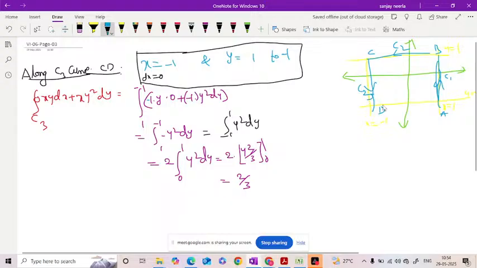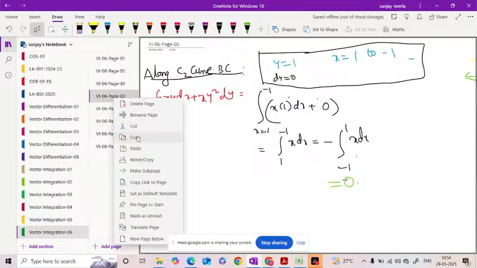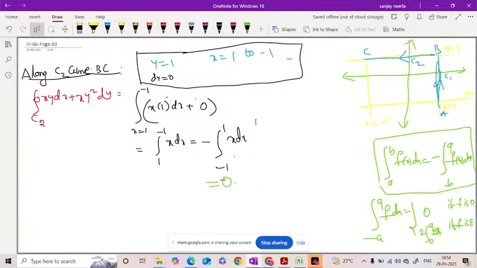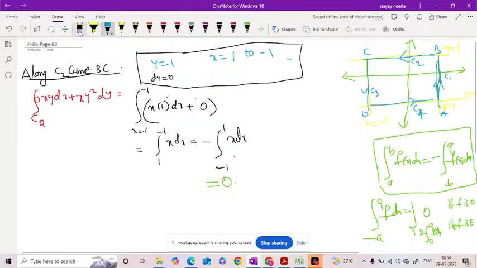Next one, C4 direction. So the previous one was the C3 direction, and the C4 direction is the DA direction.